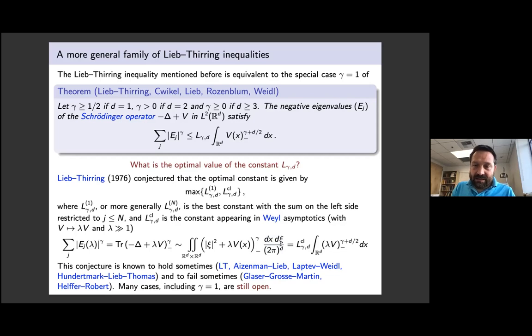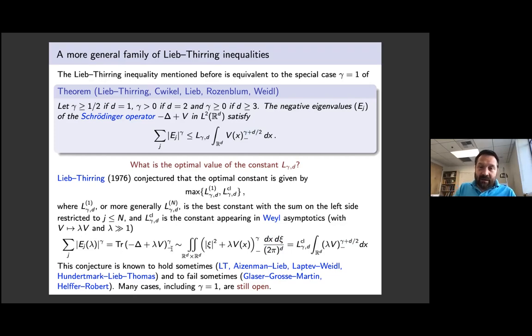Okay, and now this is a simple computation: for fixed x, you can do the xi integral. And then you see simply by scaling, what comes out is lambda V to the power gamma plus d over 2, which is exactly the same quantity as the one we have up here. So in other words, asymptotically, in this large coupling constant regime, or equivalently, you could write a small coupling constant in front of the Laplacian, and it would be the limit h bar going to 0.